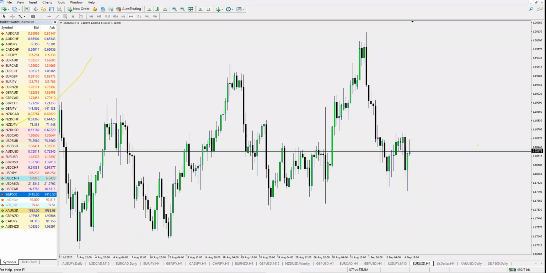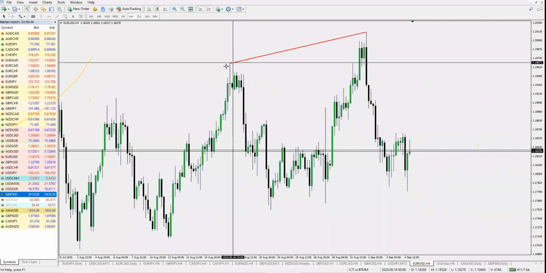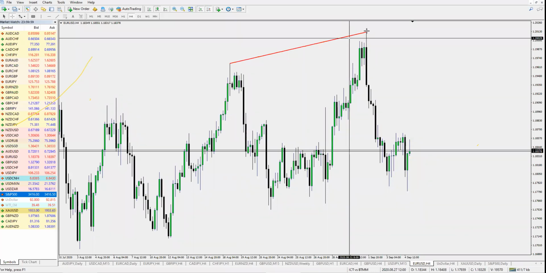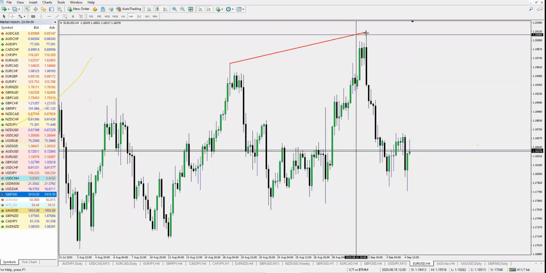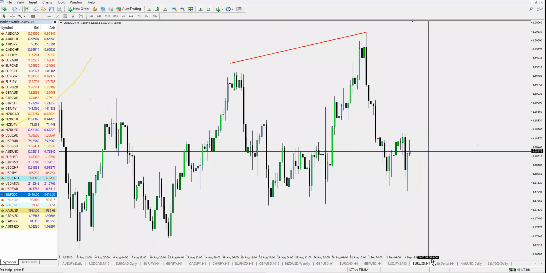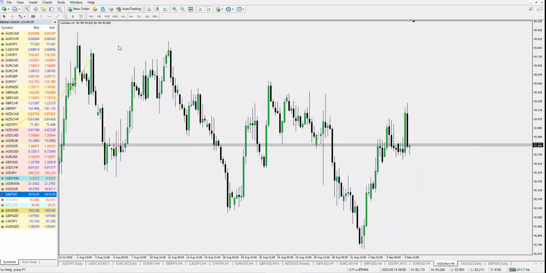Essentially, we are looking for divergence, which is called a smart money technique. We have this happening over here, where it creates a higher high on the dollar versus the euro, and the dollar index is opposite over here.